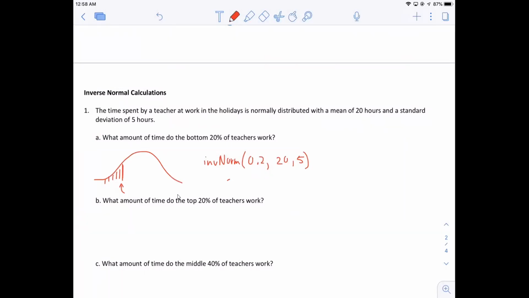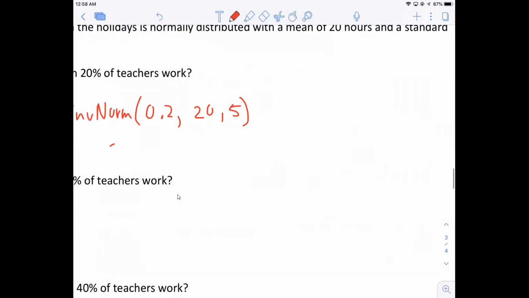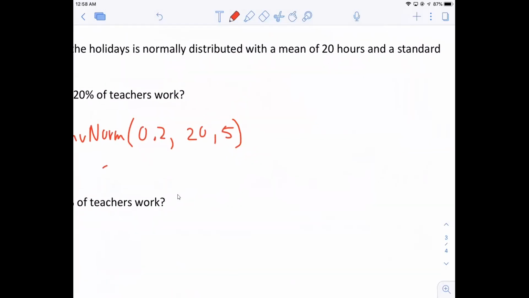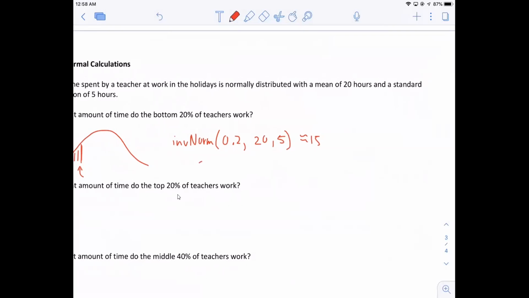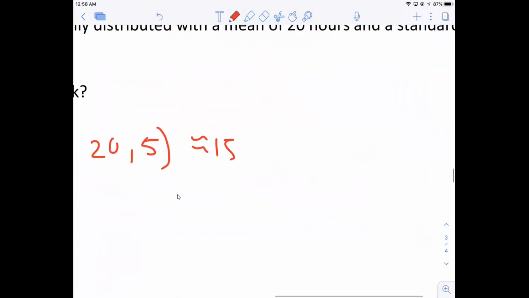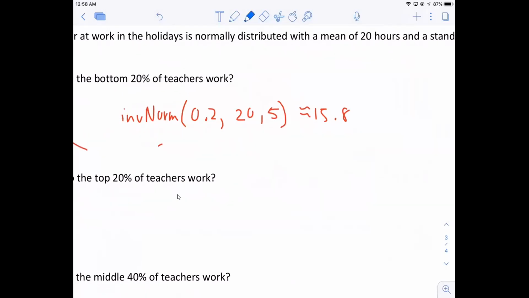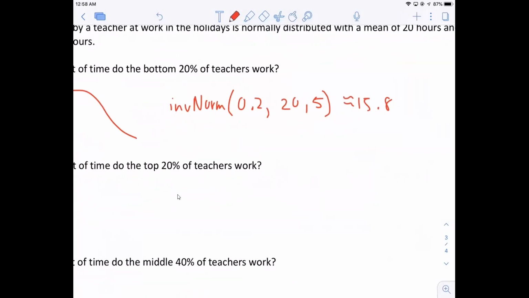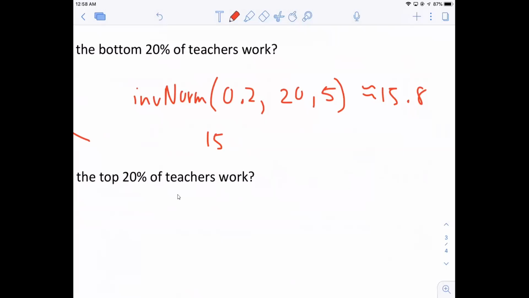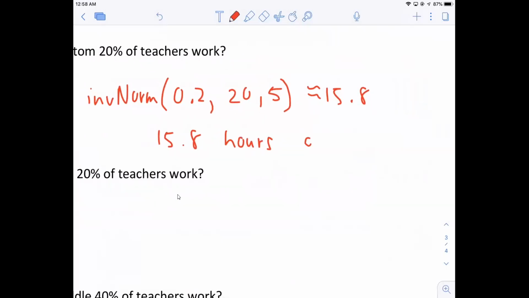What I got was 15.7919. I should really tell you what to round to, but let's round to the nearest tenth. So about 15.8 hours. So the bottom 20% of teachers work 15.8 hours or less.